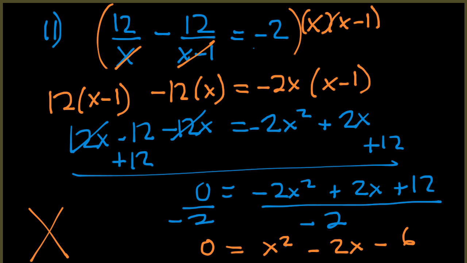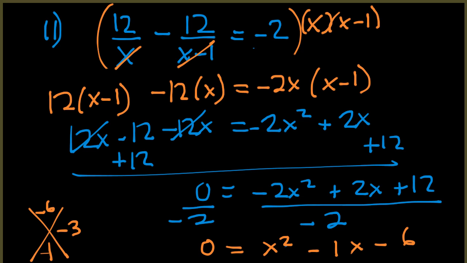I do my x marks the spot, multiplies to negative 6 and adds to negative, whoops, that was 1. All terms are equal. So remember, I'm dividing negative 2x by negative 2, 2x by negative 2, and 12 by negative 2. So what multiplies to negative 6 and adds to negative 1?